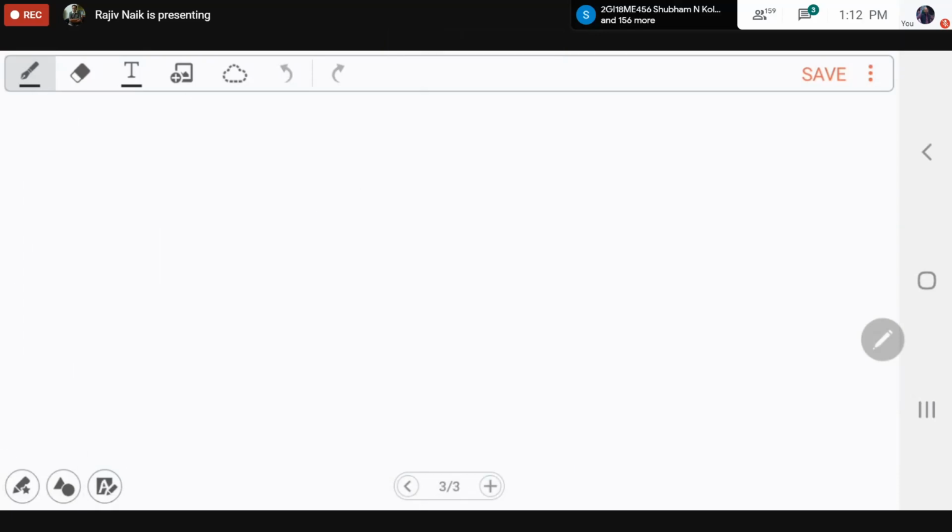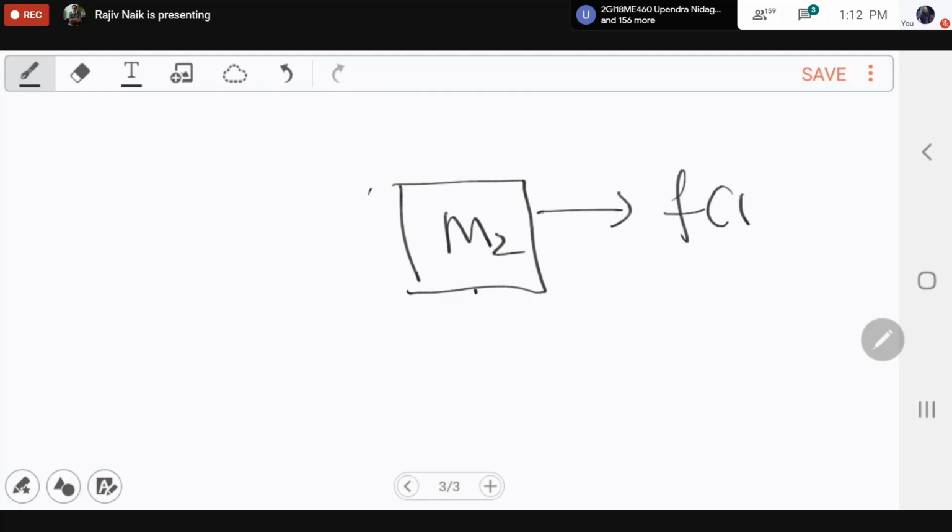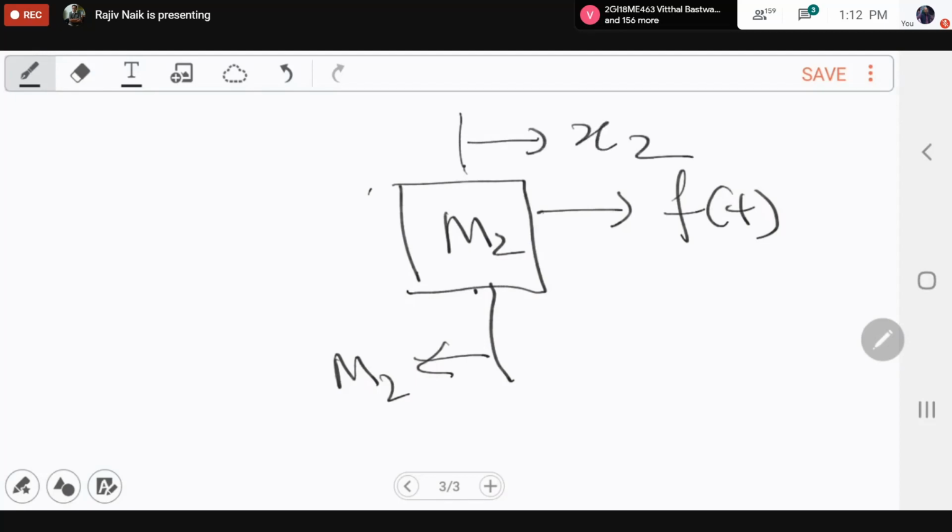So similarly, for mass M2, I will draw the free body diagram. Say this is mass M2. The force acting on the mass M2 is F of t. Here, the inertia component of mass M2 is acting towards the left, because the force is trying to pull the mass in the right direction. Because of that, X2 is in the right direction, and the mass will try to move towards the left, because it is inertia, it is opposing that.